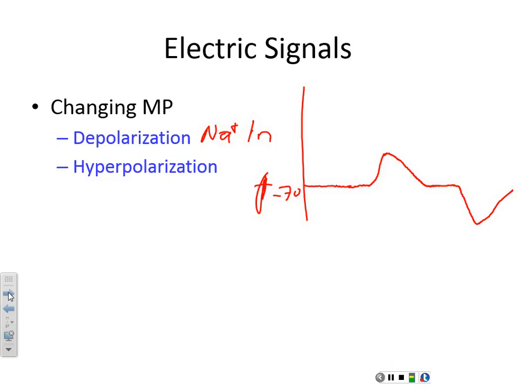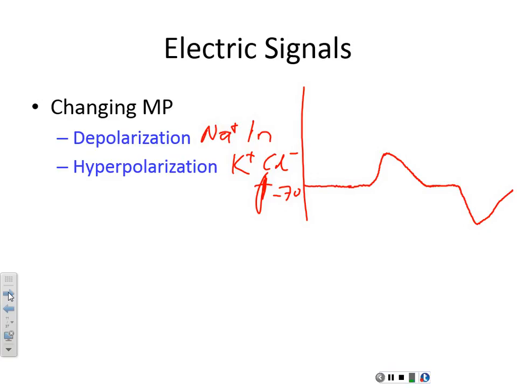Okay? So hyperpolarization, what happens here? You can open 2 gates actually for hyperpolarization. If you open potassium gates, potassium is more inside, so potassium goes outside. And it carries its positive charge, which means it becomes more negative inside. Or you can open chloride channels. Chloride ions carry a negative charge.